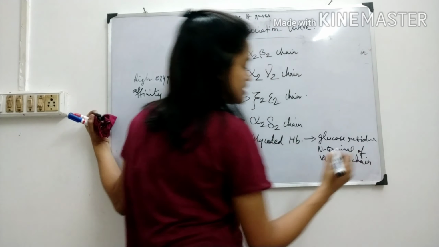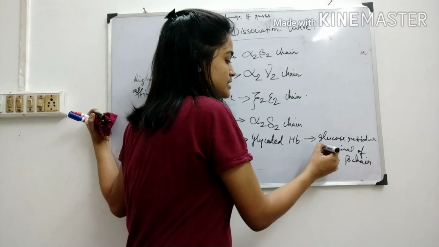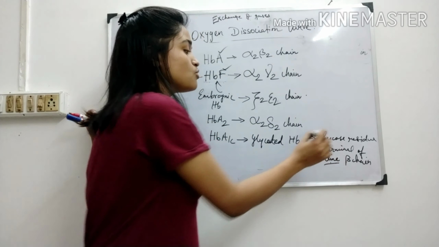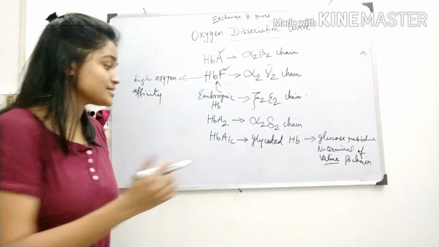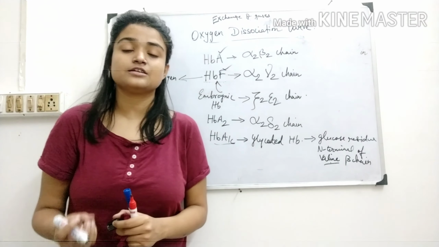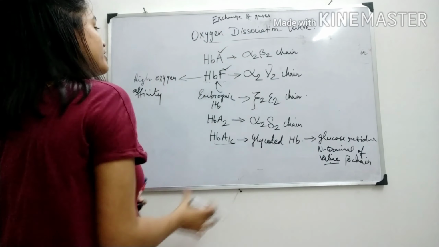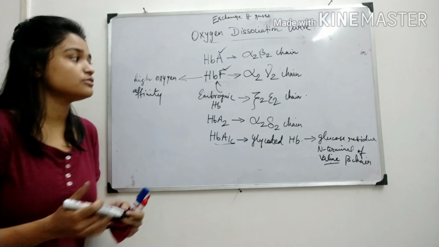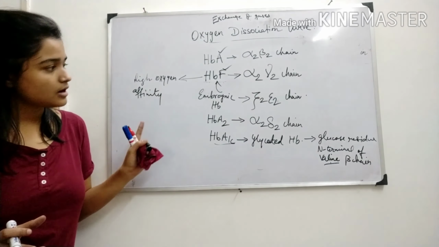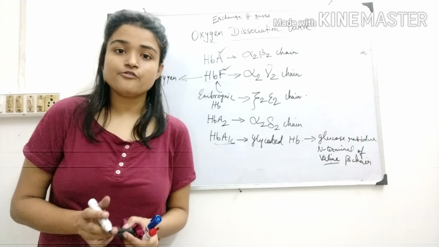So the beta chain has a valine group, and at the N terminal of the valine group, glucose gets attached. So this is glycated hemoglobin, and it is mainly present in patients who have diabetes mellitus. So these are the different forms of hemoglobin that you should know about. Okay. So this is all about your exchange of gases.